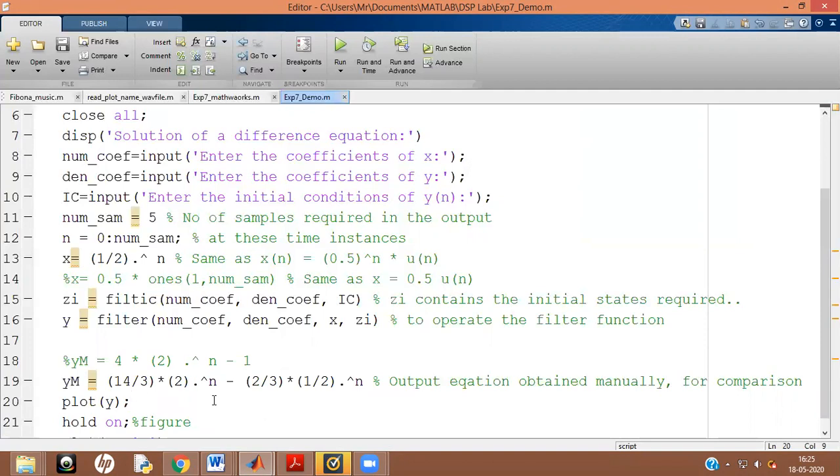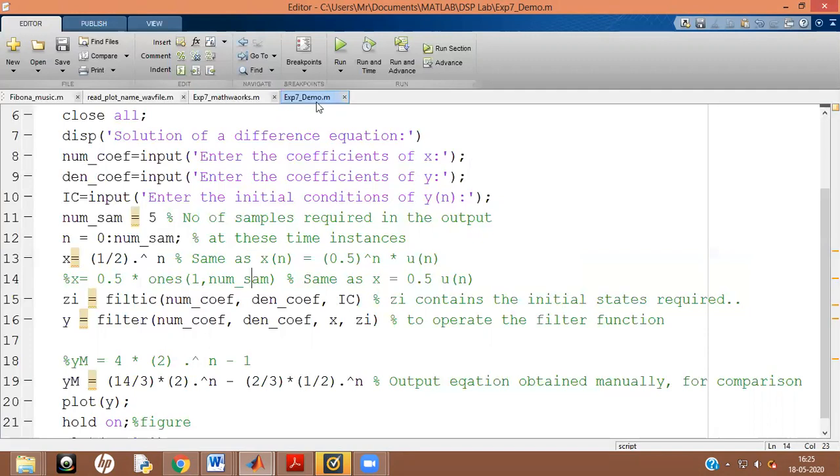I have written it for the simple reason that I can plot the two and visualize whether they are different or the same. And if the 18th one is the output, it will be like 4 into 2 raised to n minus 1, u of n for the case 0.5 raised to n, the first example that I had shown. Let us execute and see the result.